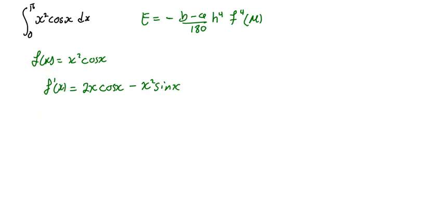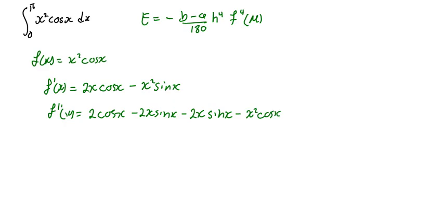Our second derivative will be equal to, for this part, 2 cos x plus, it will be actually minus 2x sine x. Then we are going to say minus, you differentiate x squared, that's going to be 2x sine x, minus, you differentiate sine, that's going to be x squared cos x.